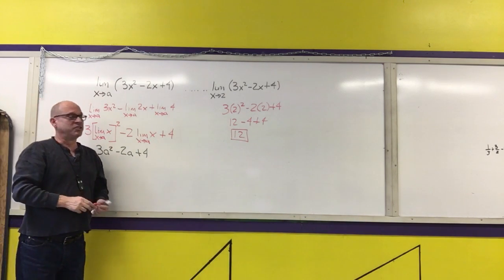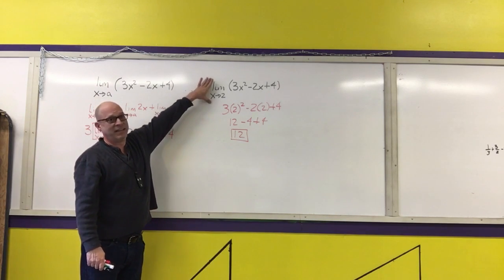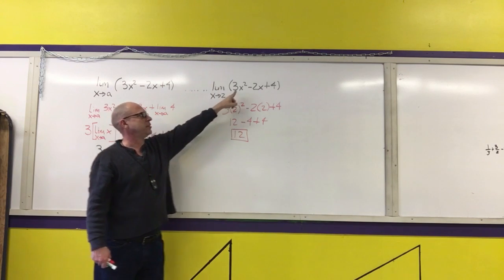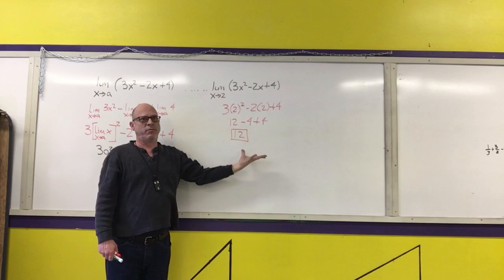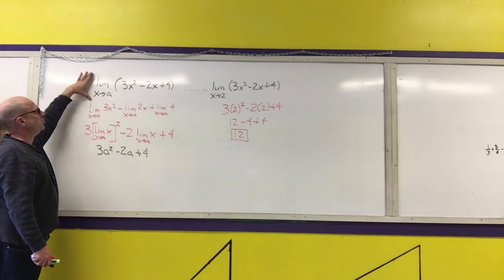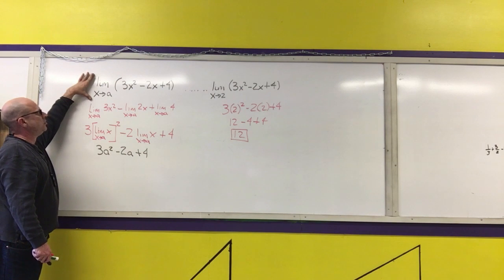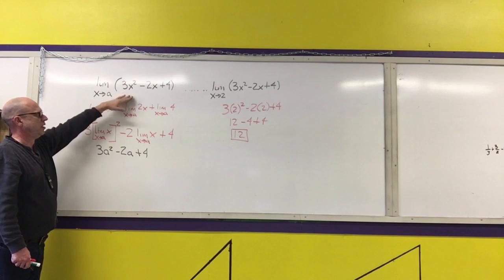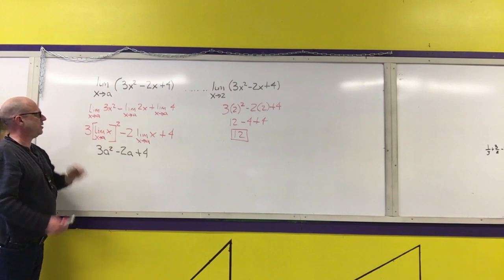So you may ask yourself, well, when can I use the right-hand side and just stick the number in? If you're just asked to find the limit of a polynomial function, feel free to stick the number in for your variable and evaluate it. If you are asked on a test or a quiz to use the properties of limits to evaluate the limit of a polynomial function, then you will work yourself through all of these steps.